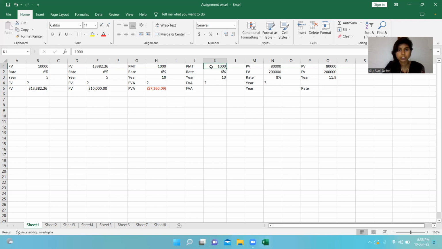Here PMT equal 1000, rate equal 6%, year equal 10. So future value of annuity equal what?